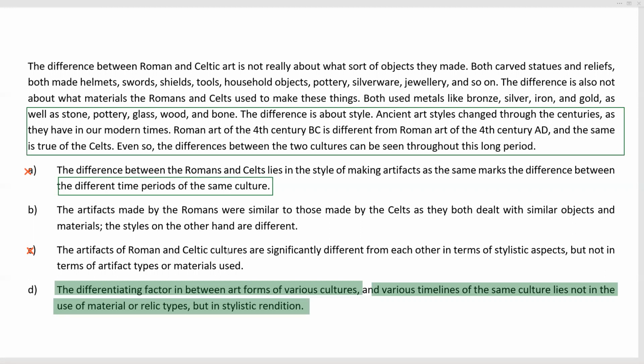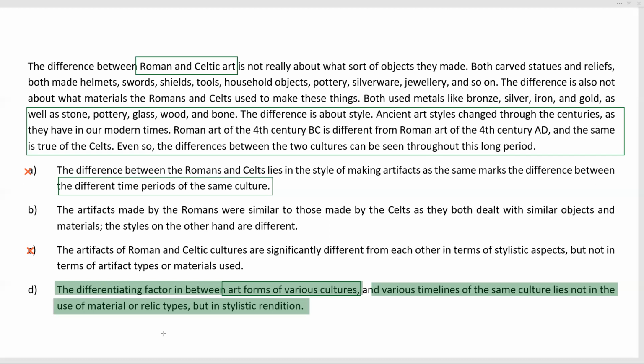Then why is D inferior, or what does D omit? D doesn't mention the Roman and Celtic cultures or Roman and Celtic art. It says between art forms of various cultures. So which one should we choose? The ideal thing between B and D is to choose D, because what we have in D is still represented art forms of various cultures.